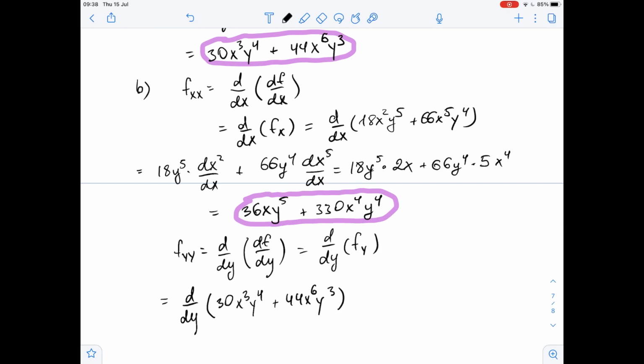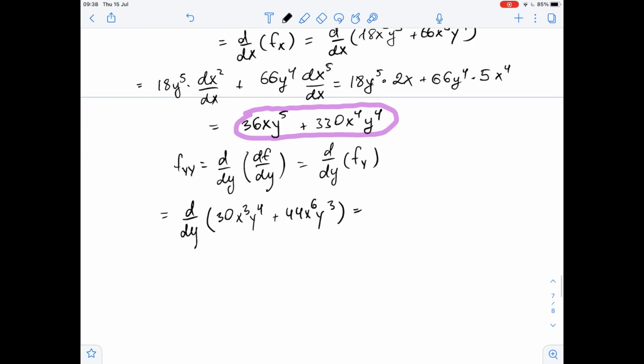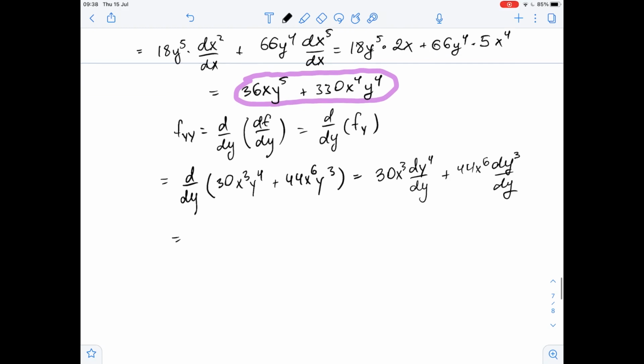And this equals 30x cubed times d y to the 4th power over dy plus 44x to the 6th power times d y cubed over dy. And this equals 30x cubed times 4y cubed plus 44x to the 6th power times 3y squared.